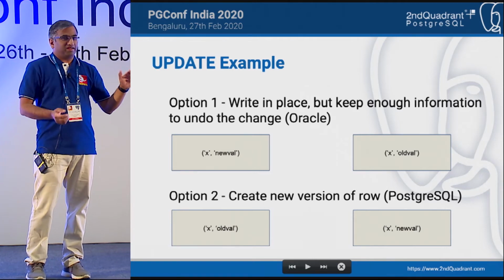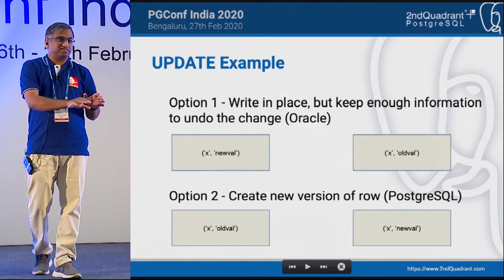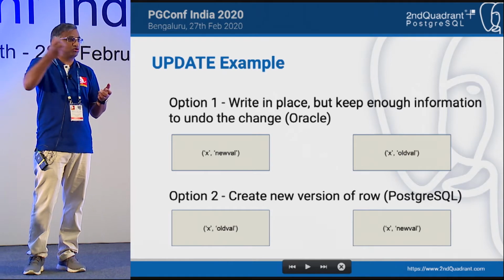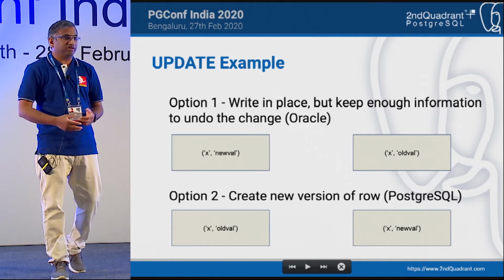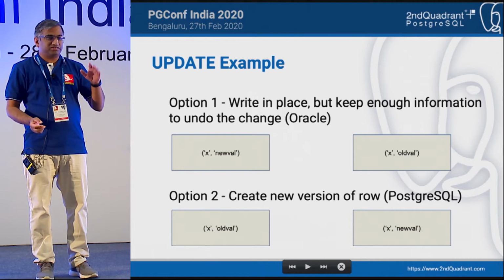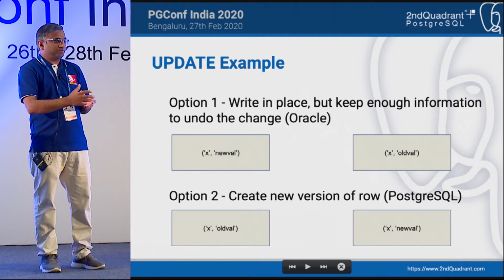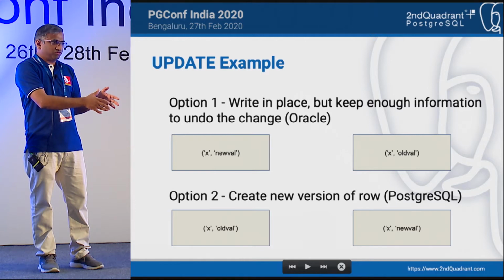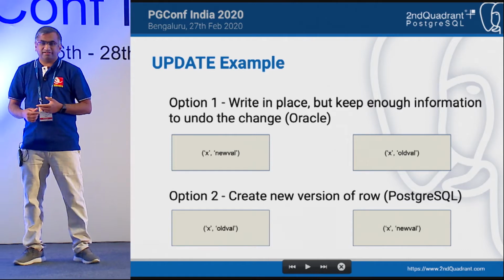Either you can update the existing data in place, so you overwrite your existing row with a new row, and you move your existing row to something else. In Oracle, for example, you have undo segments where you copy the current row, and change the existing row in place. In Postgres, what we do is the updated row is created as a new version. So your existing row stays where it was, but a new row is inserted with the new value.